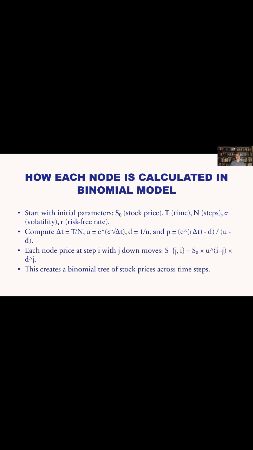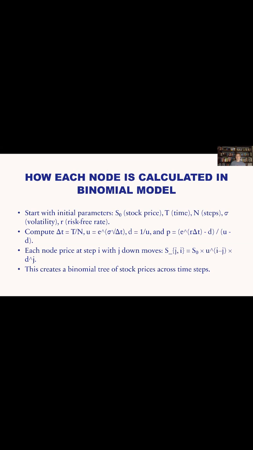How much it's going to go down, D, is simply 1 over U. And then you calculate P, which is dependent on U and D. P is used to put a weight on those prices, of it being up or of it being down. I'll show you later what that actual calculation looks like, especially with an actual example.